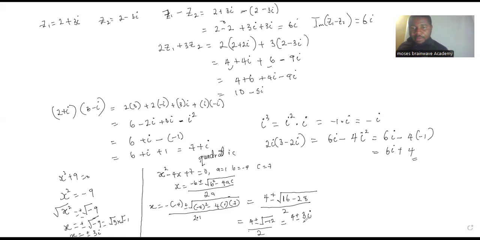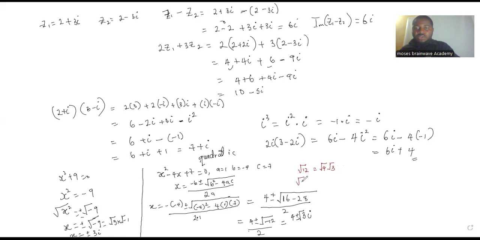Let me recall that square root of 12 is the same thing as square root of 4 times square root of 3, right?